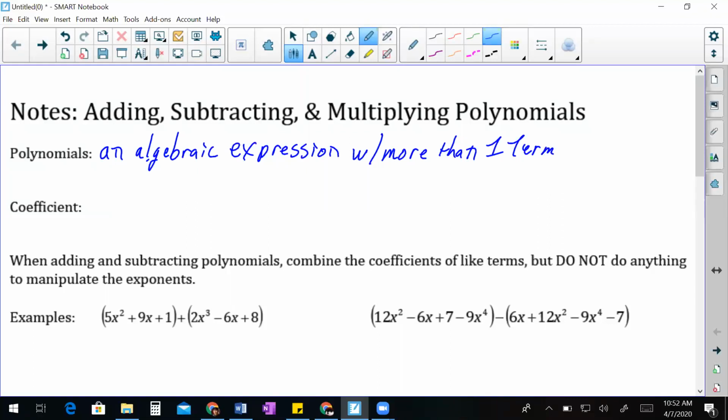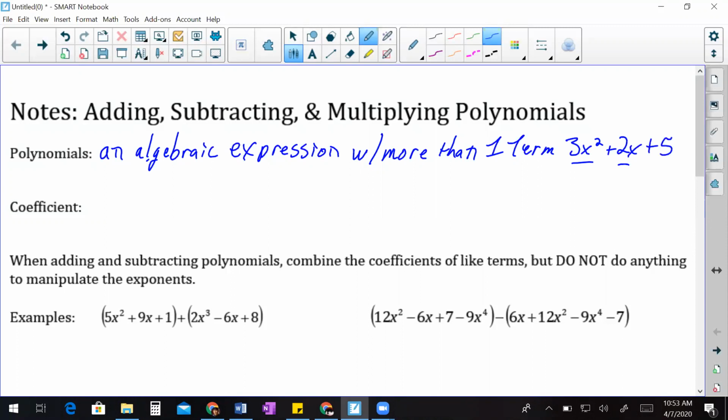For example, 3x squared plus 2x. This is an algebraic expression. Notice the x's, and it has more than one term. Now, this is a special type of polynomial called a binomial because there are only two terms. Bi means two. Traditionally, when we're talking about polynomials, you're going to see them with three terms. We're going to say plus 5.